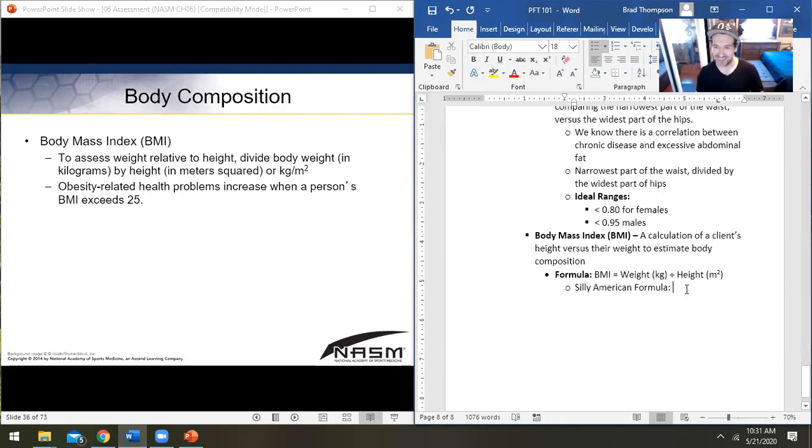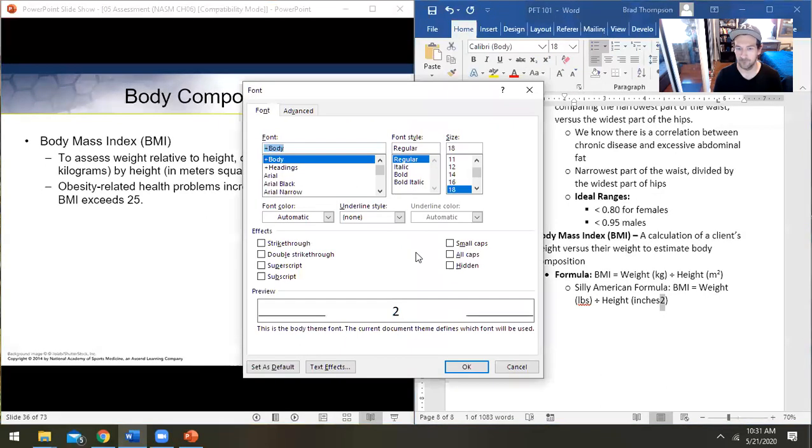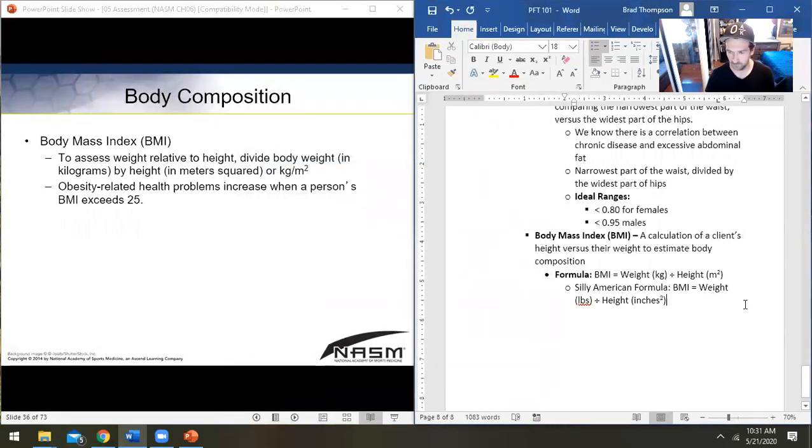If you want to know it, it is going to be BMI equals your weight in pounds divided by your height in inches squared times 702. So that's another way that you can calculate that.